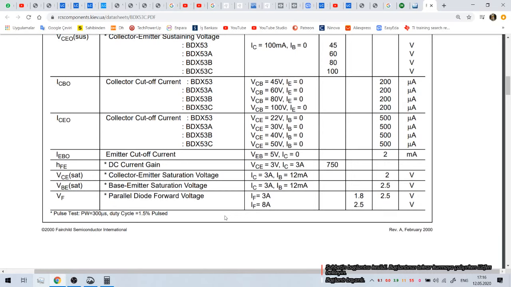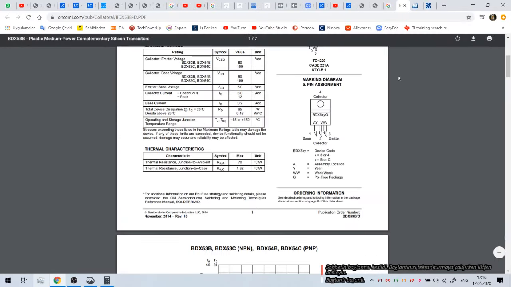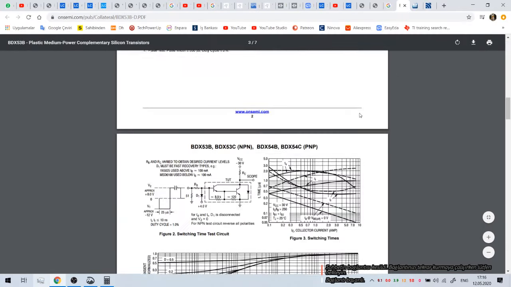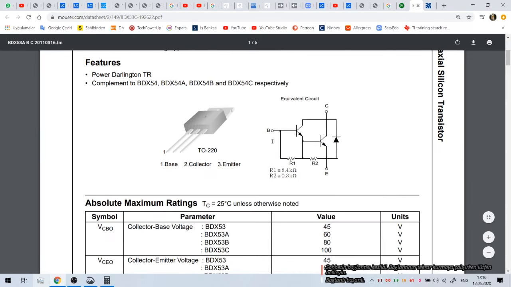DC current gain is 750, because of these Darlington connections, I think. Where is this? Yes, because of these Darlington connections, it seems the voltage drop via the diodes of this BJT is greater.